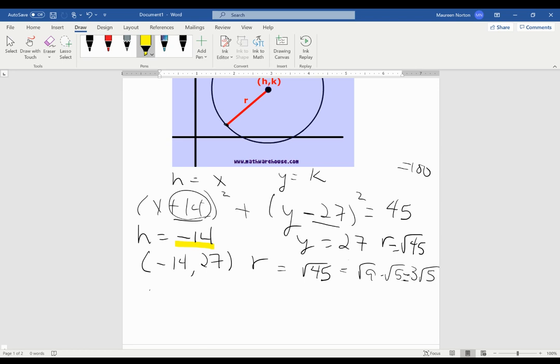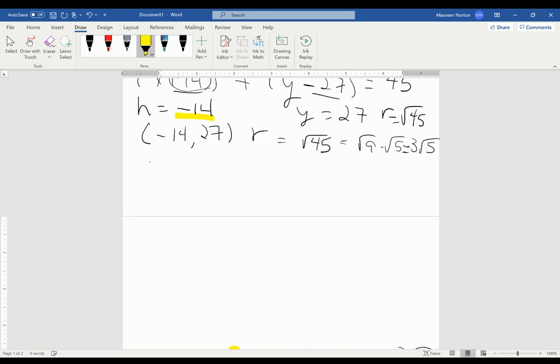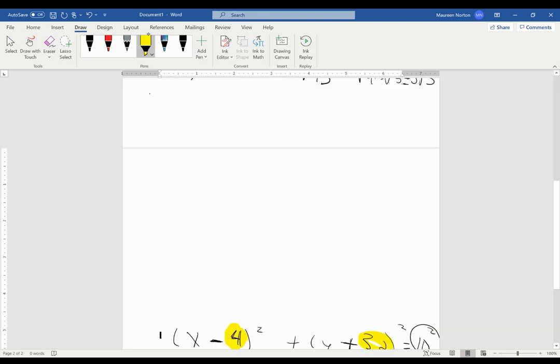When you're given something like this, let's say we're given that the center is (36, 42), we can go the other way.